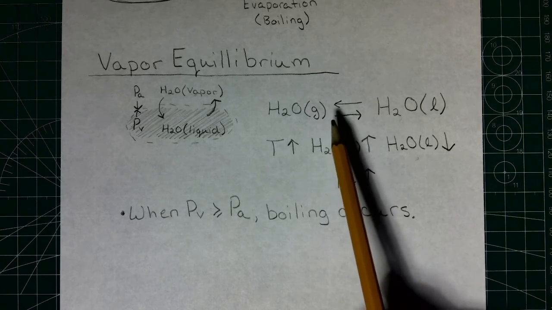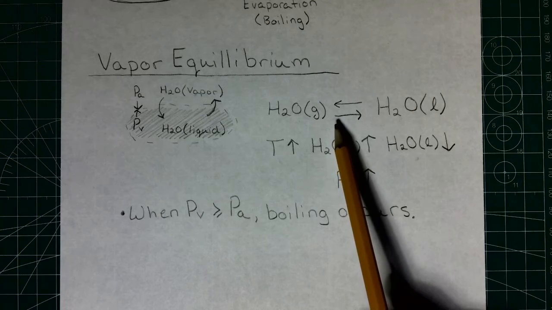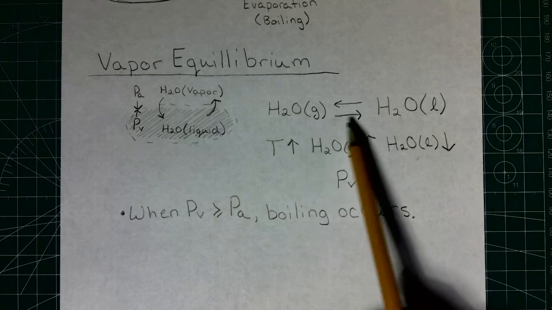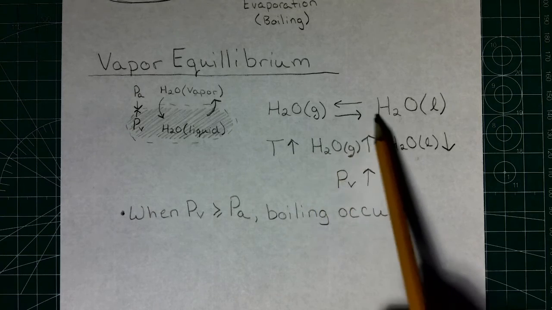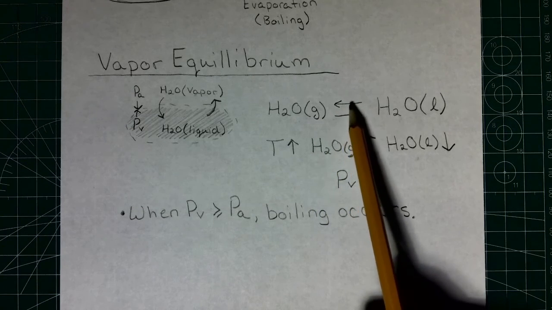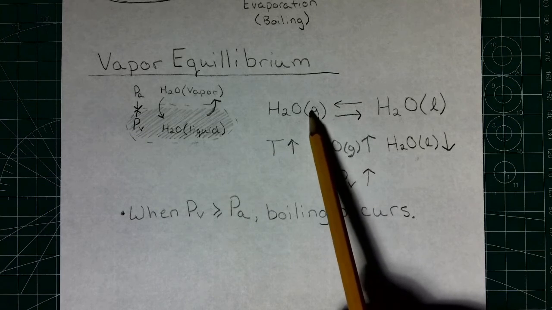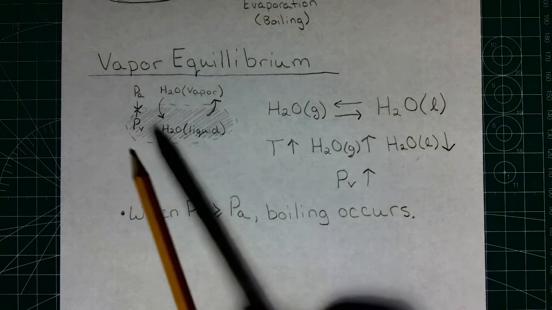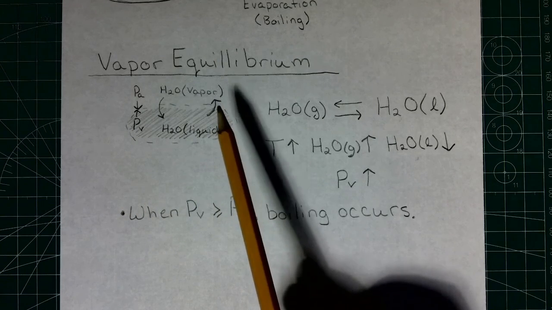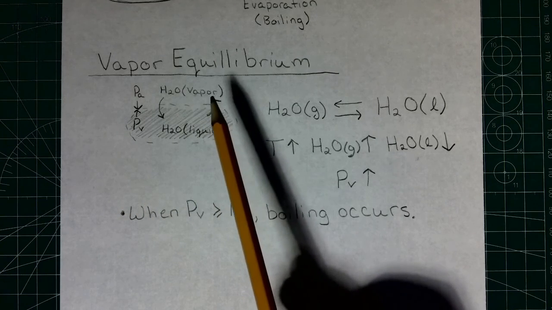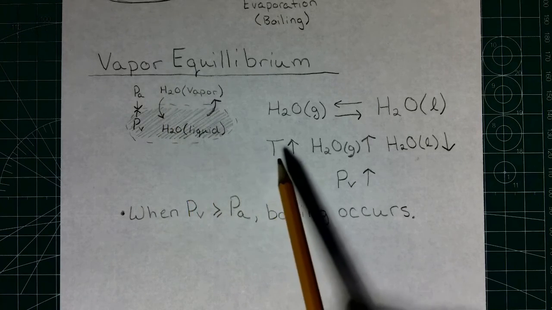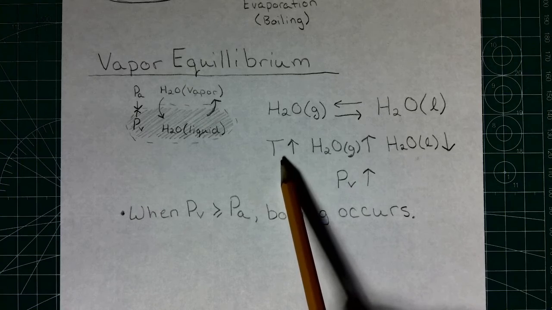There will be a point at which the rate that things are moving to the liquid is going to be equal to the rate that things are moving to the gas phase. And then this is stable. There's still transfer back and forth, but the same amount is going to be moving into the gas phase as will come down into the liquid phase. And that is the point that will ultimately be reached if we held the temperature constant.